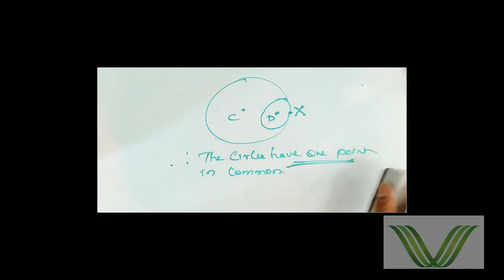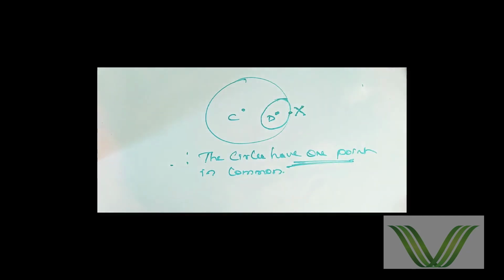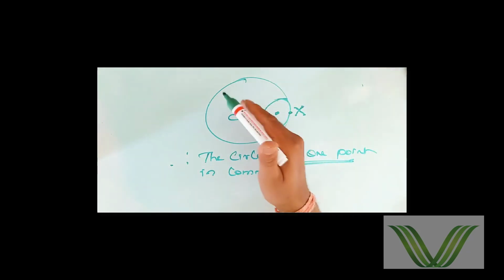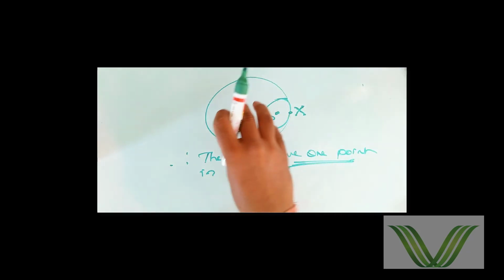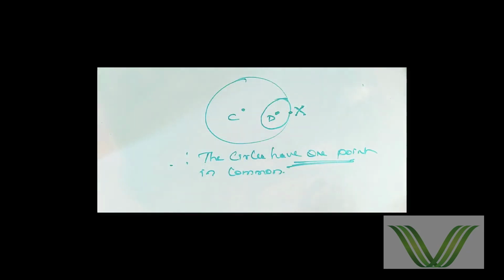So in the previous figure, the circles were meeting outside, in the exterior part, and now one circle is interior, one circle is encircling the same circle, and that particular meeting point will be a single point that can be called X.